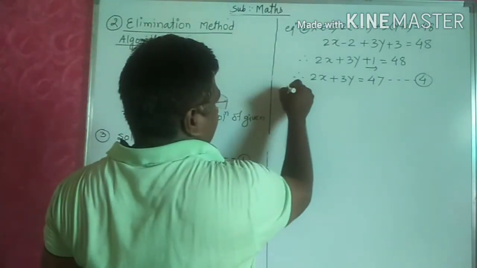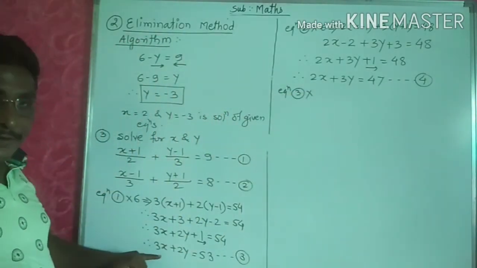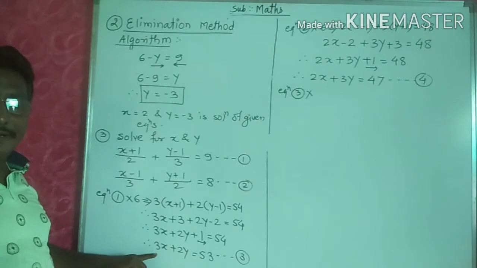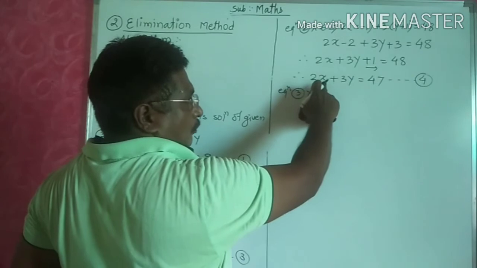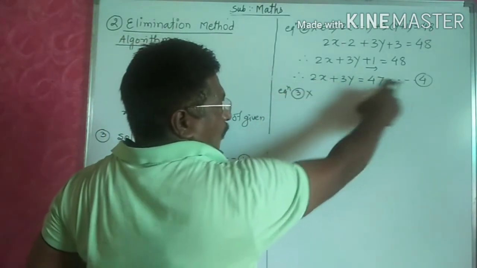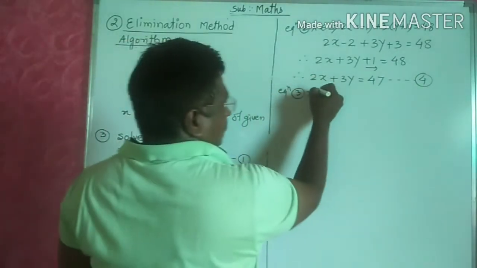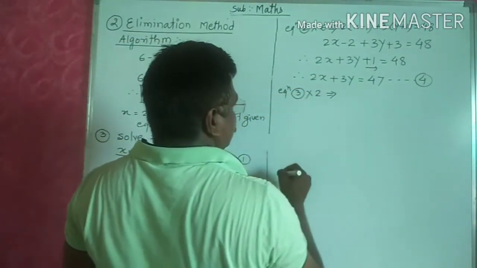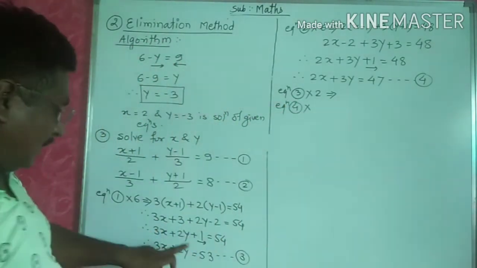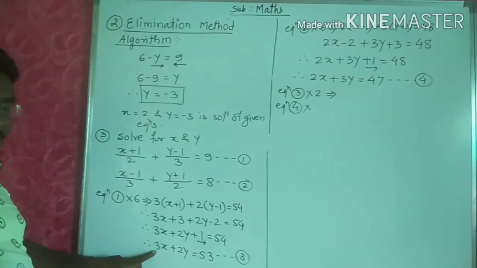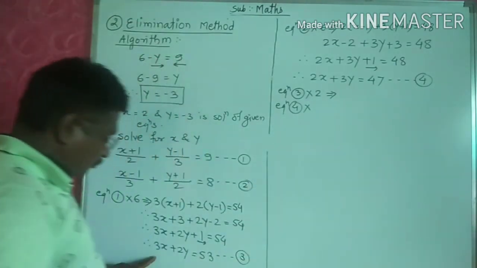So equation 3 multiply by the coefficient of x of equation 4, which is 2. And equation 4 multiply by the coefficient of x of equation 3, which is 3.